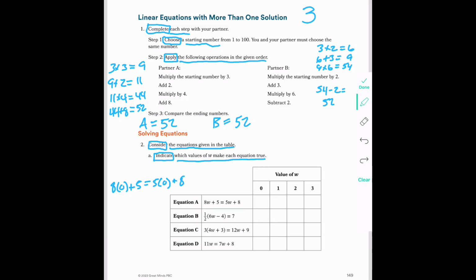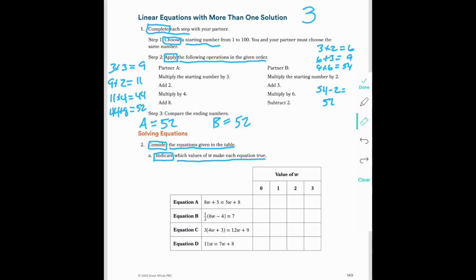I know that 8 times 0 is 0 plus 5, I know that 5 times 0 is 0 plus 8. 0 plus 5 is 5. 0 plus 8 is 8. So this did not work because these are not equal. So 0 is not an option. I put an X there, or I could just leave it blank. That is basically what you're doing for all of the equations. You're just plugging in the answer to see if it works and marking if it works or not.